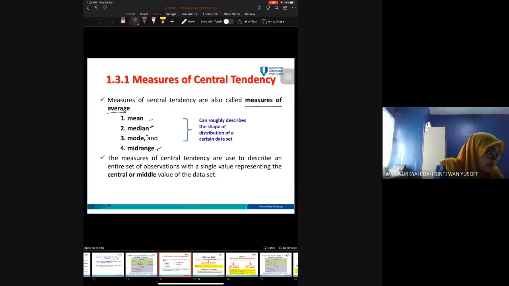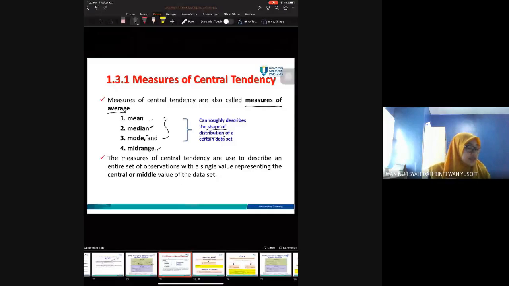The mean, median and mode can be used to describe the shape of the distribution. So now we have two methods to get the shape of the data distribution. The first one, we use the histogram, and the second one, we use the measure of central tendency.